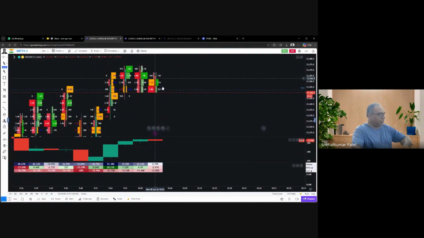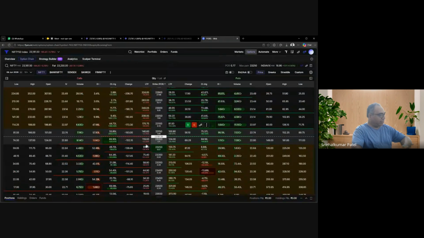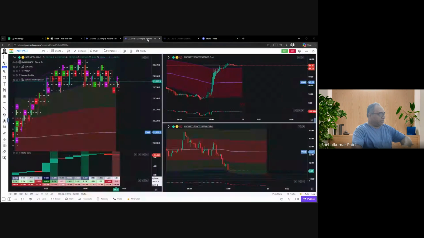If they don't sustain above this level, then this will be a failed trade. The price has gone already. I think the price has gone from 134 to 120. So yeah, around a 20% down move has come.